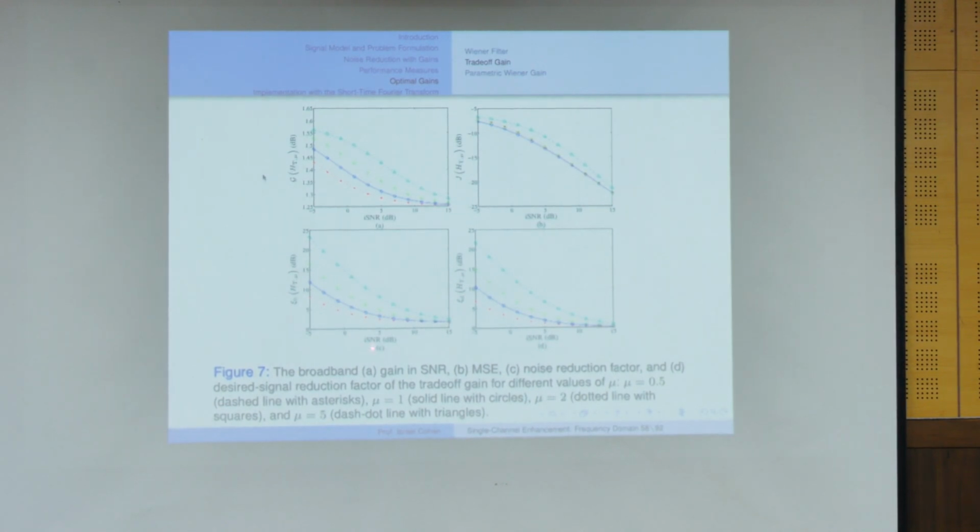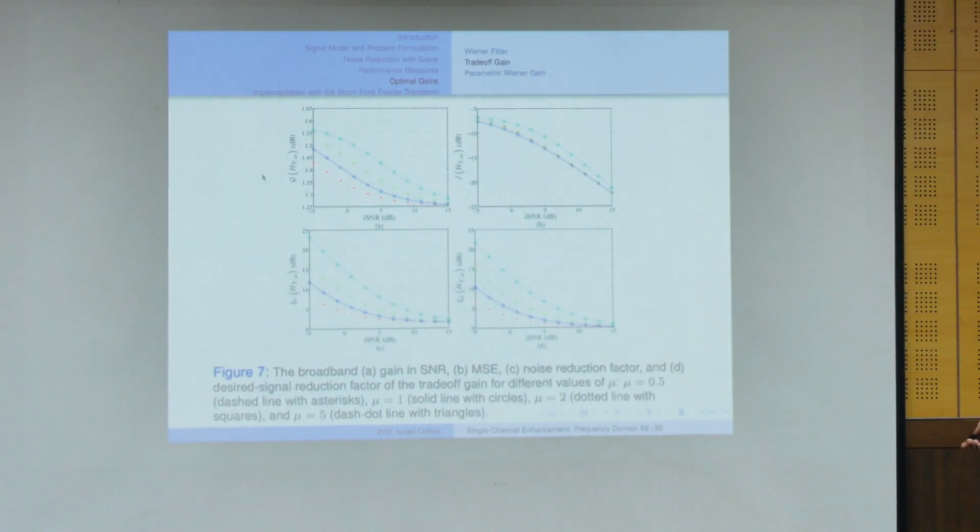So we see that for this example also, for a given input SNR, when we increase mu, the noise reduction increases, similar to what we saw before. And then the gain in SNR increases because we increase the noise reduction.